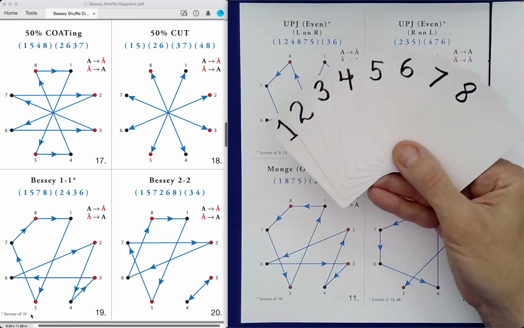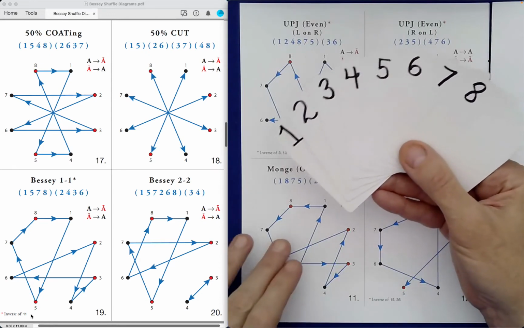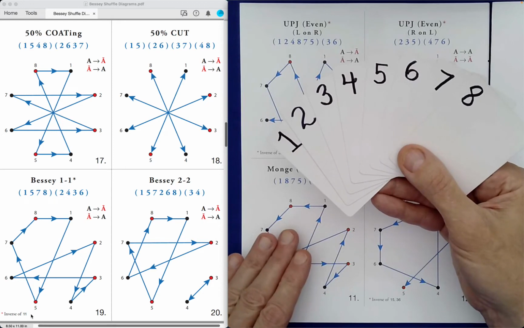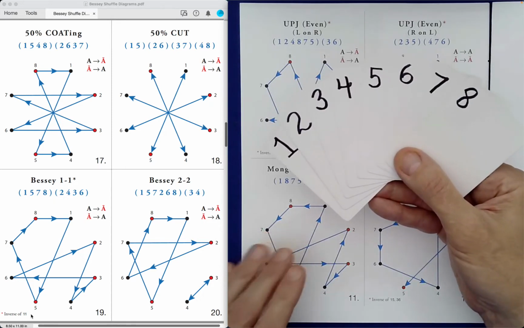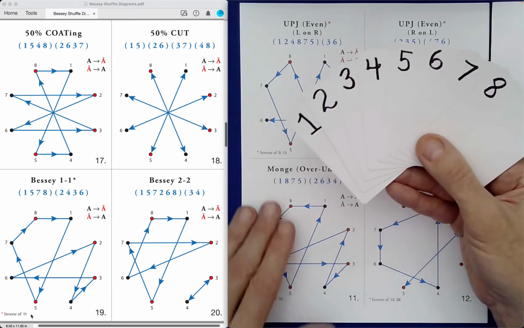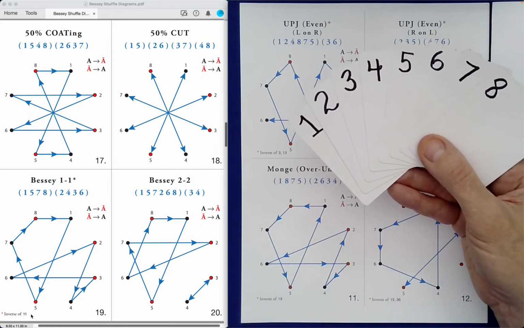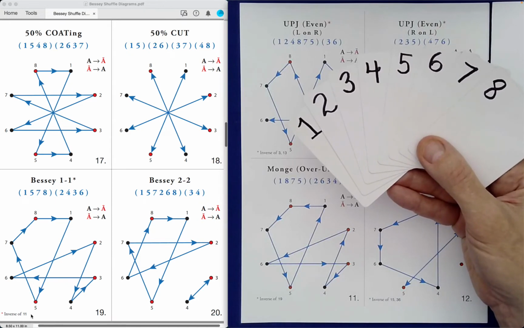Now what may not be clear to most observers is the fact that you can perform the mange shuffle as many times as you like and the Bessey shuffle that same number of times, but mix how you do that. So for example, you could perform the mange over under twice, and then perform the Bessey 1-1 just once, and then perform the mange over under one more time, and then the Bessey 1-1 two times.